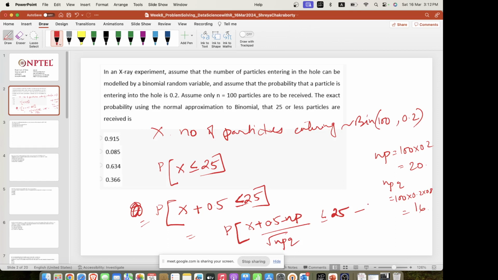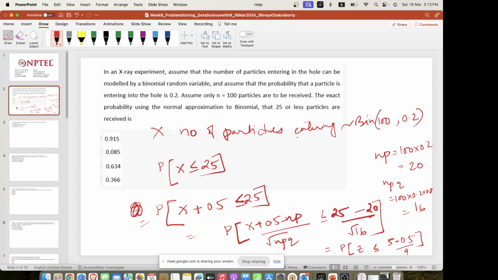So this would be this minus 20 by root 16, right? So this would be probability z less than equal to 5 minus 0.5 by 4, right?